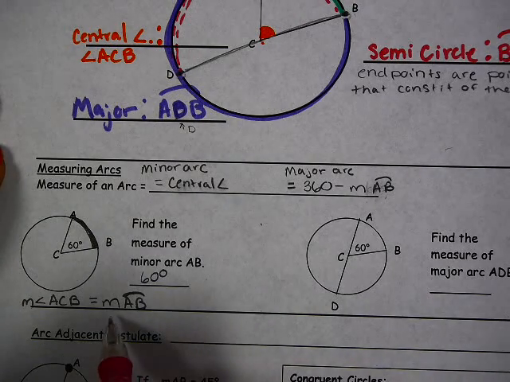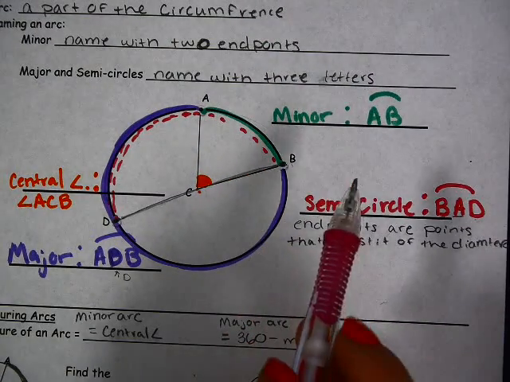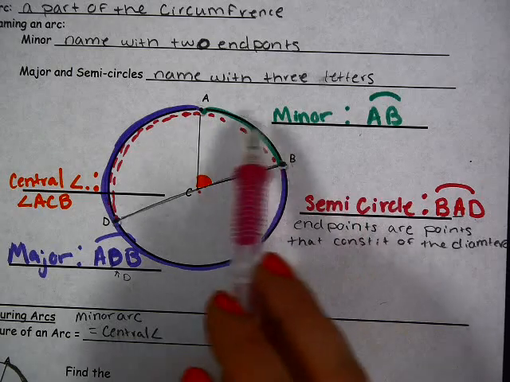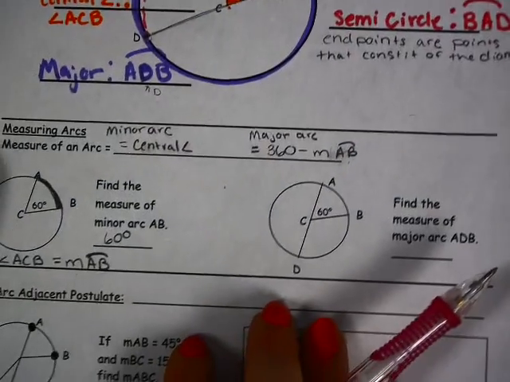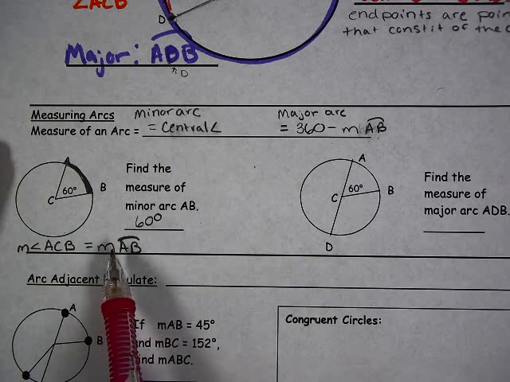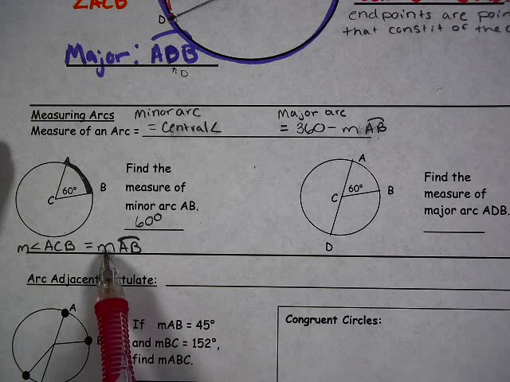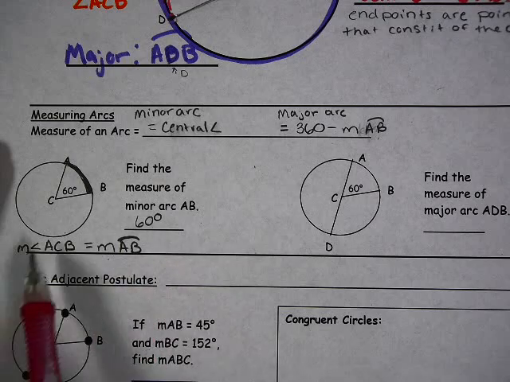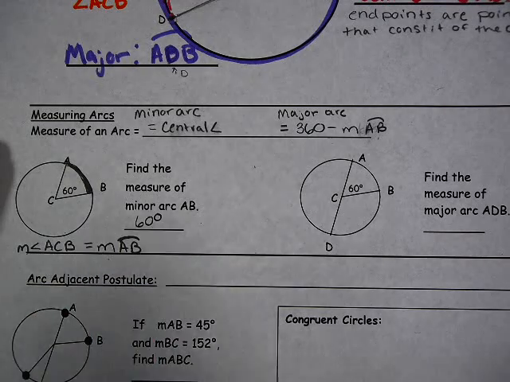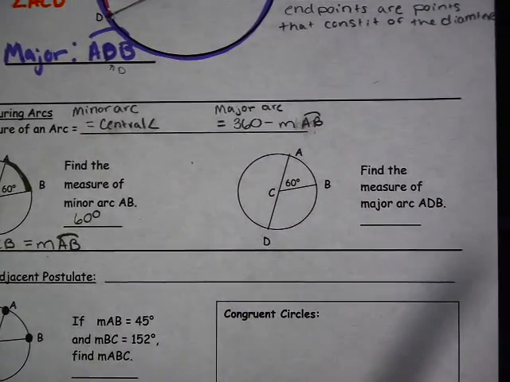Now you notice my M here is not right there, and that's because I wasn't finding the measure of this arc, whereas down here I was finding the measure of the arc, so I have to put the M here for measure. So the measure of arc AB is equal to the measure of angle ACB.